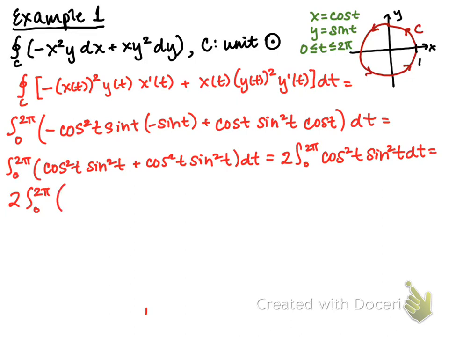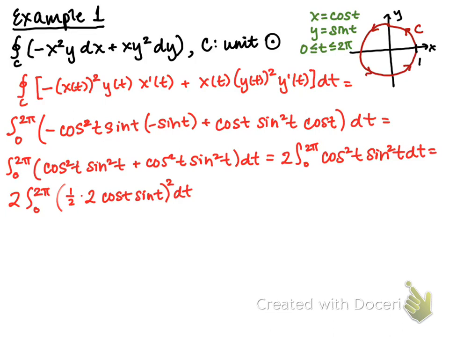I'm going to rewrite this as half times 2, I'm just multiplying in a 1, and then cosine t sine t squared. There's several ways you could do this. We could use the half argument properties as well, but this was just the first thing that popped into my mind.